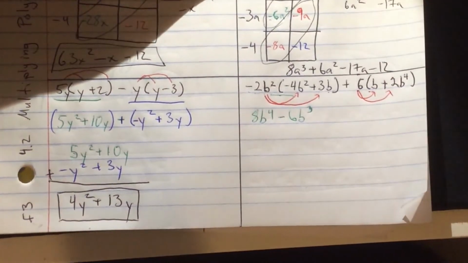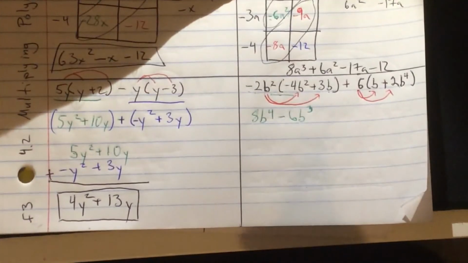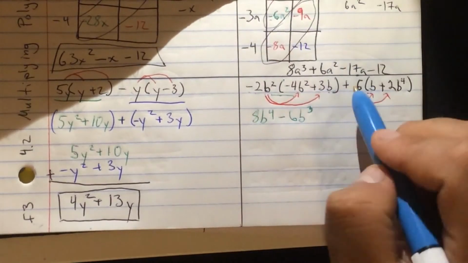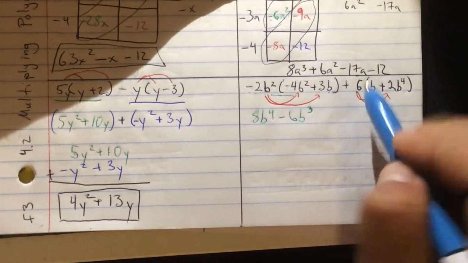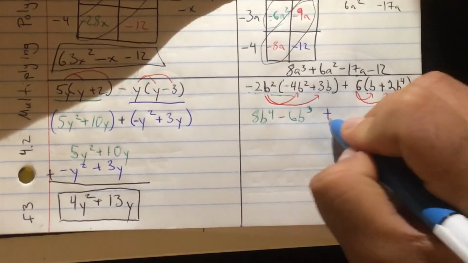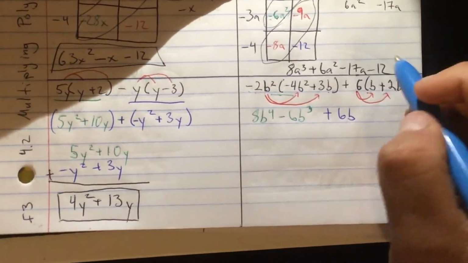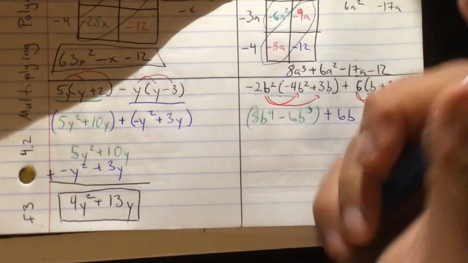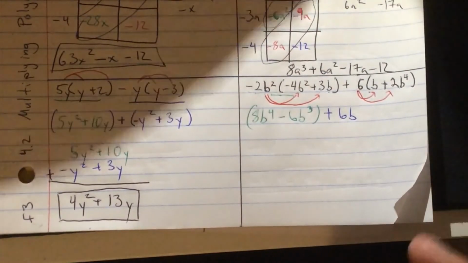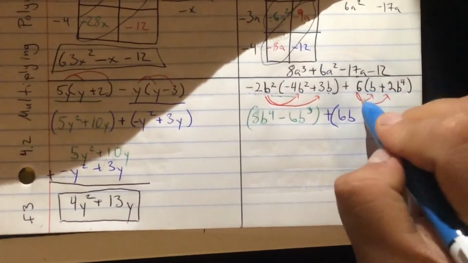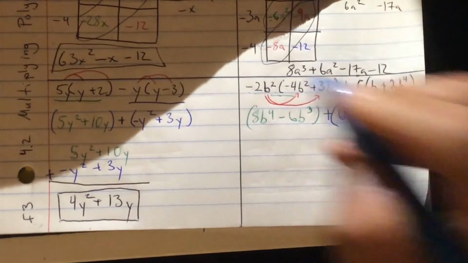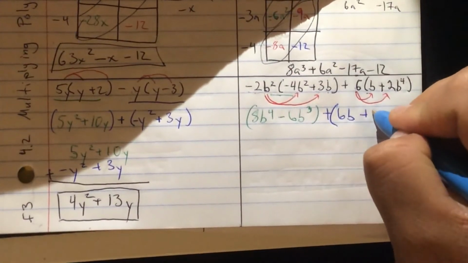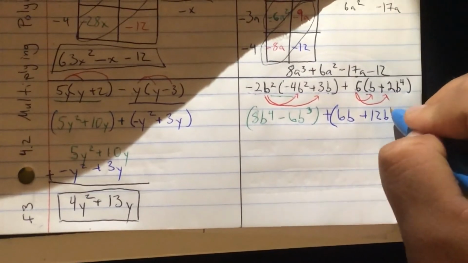I'm having a hard time doing my threes today. All right. Then we move on to the next one here. We have positive 6 times b would be a positive 6b. Keep these in parentheses for now. And we have a positive 6 times 2b to the 4th power would be a 12b to the 4th power.